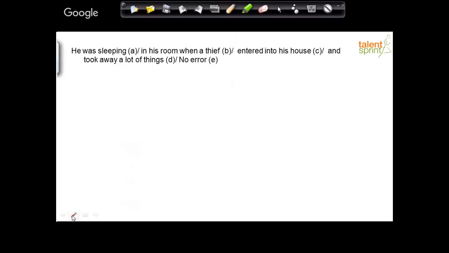That was quick. He was sleeping in his room when a thief entered into his house and took away a lot of things. He was sleeping in his room when a thief entered into his house and took away a lot of things. Where do you think the error is?